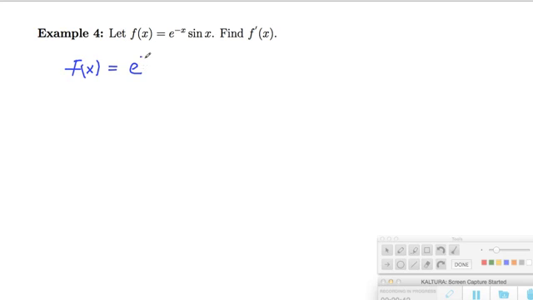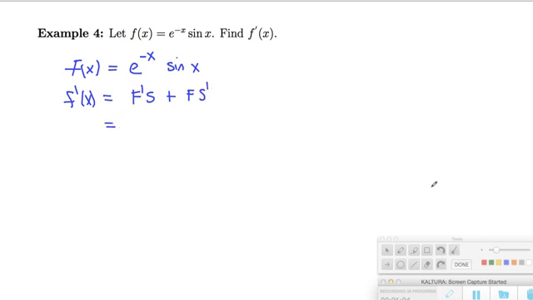So we're looking for the derivative of e to the negative x times the function sine of x. So the product rule: derivative of the first times the second, plus first left alone times the derivative of the second.